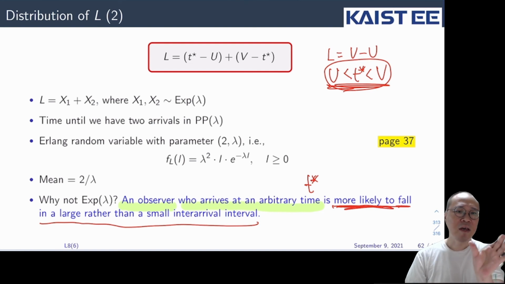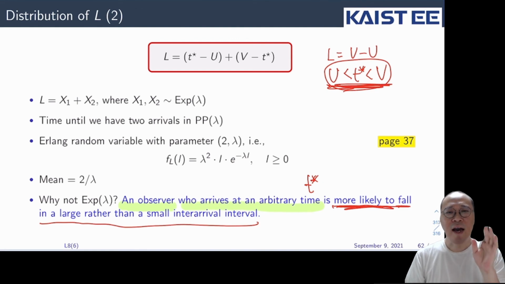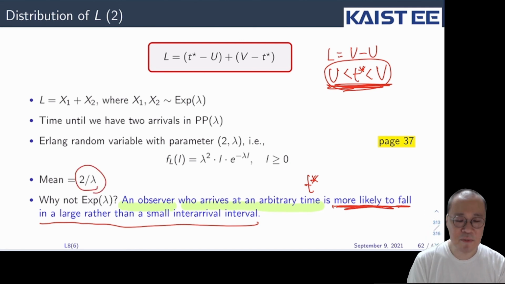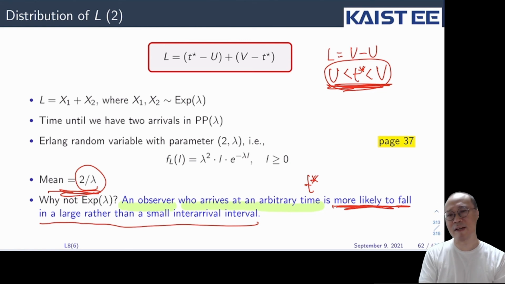That's the main reason. If we take a summation of all those inter-arrival intervals that I look at, because of this condition, I tend to select larger intervals. That's why we have 2 times the mean arrival time, because my sampling method works like that. And that's why we get this. And that is the random incidence phenomenon. Take some time to think about whether this reasoning makes sense.